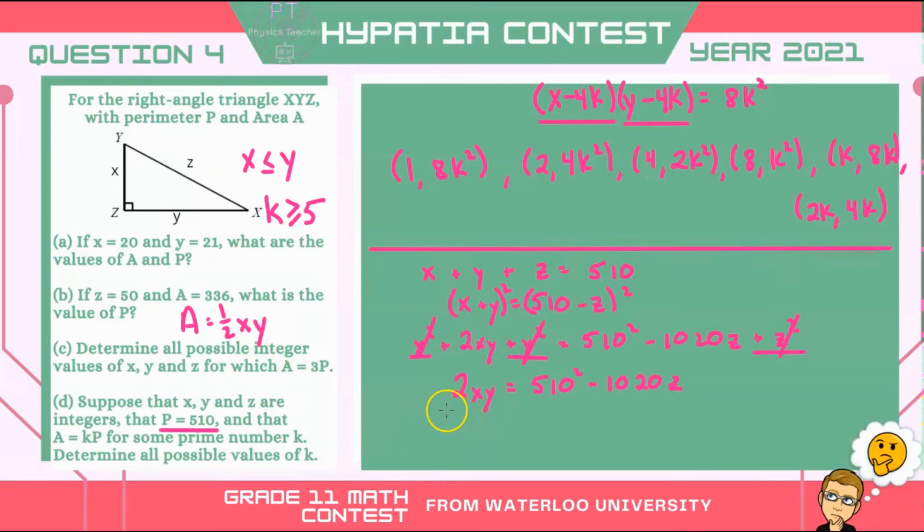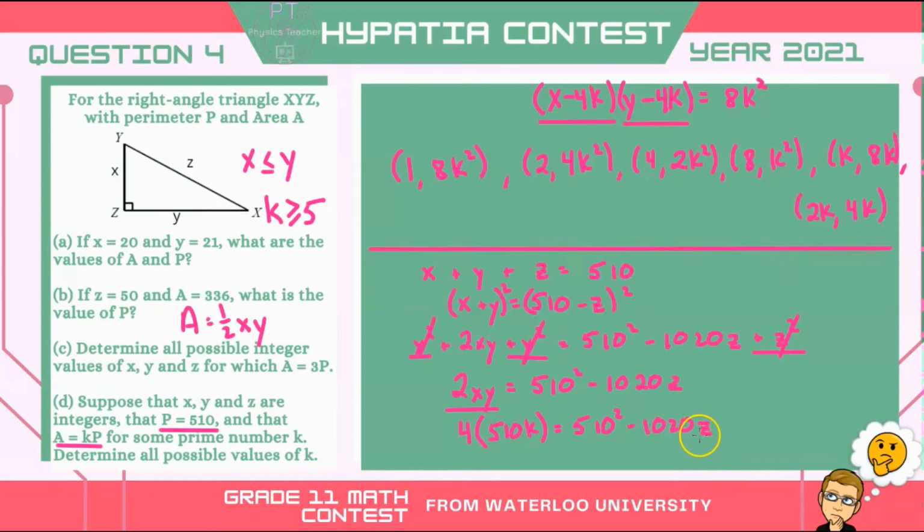Now here you have 2xy. So that's 4 times the area. So I can replace 2xy with just 4 times the area, where I know the area is equal to kp, where p is 510. So that is just 510k, which again is still equal to 510 squared minus 1020 times z.